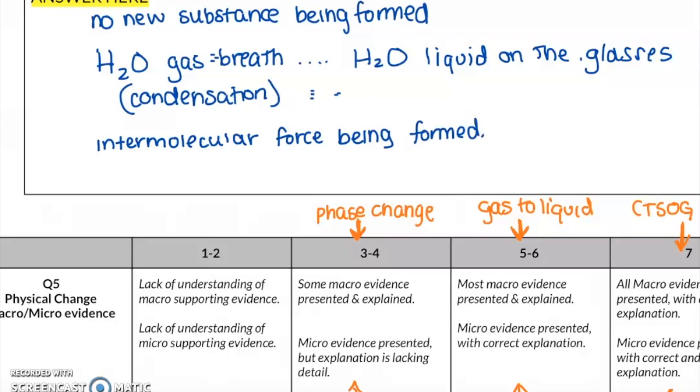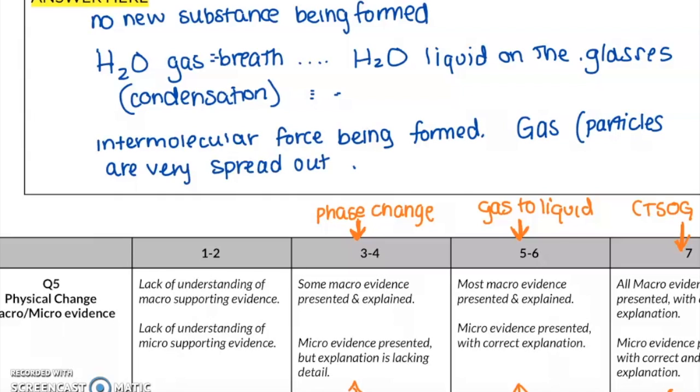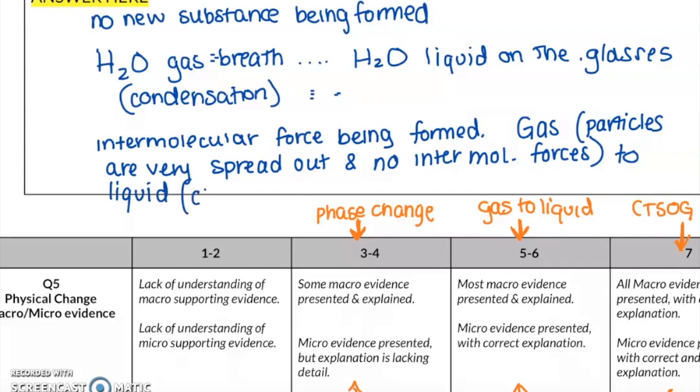That we are going from a gas state where the particles are spread out, and there are pretty much no intermolecular forces. Recognizing that that is being changed into a liquid state where your particles are closer together, and there are more intermolecular forces.